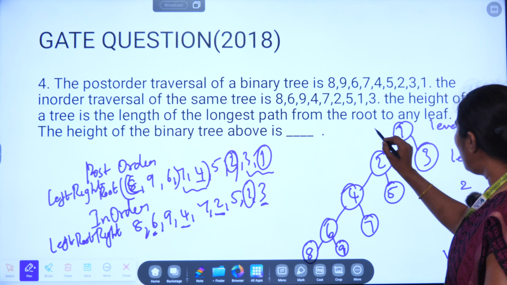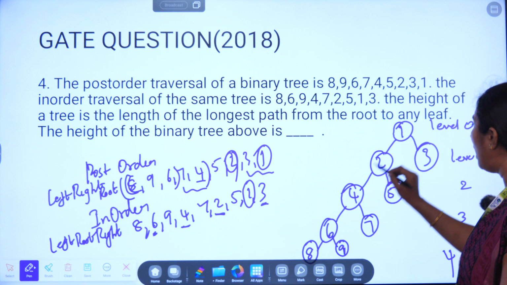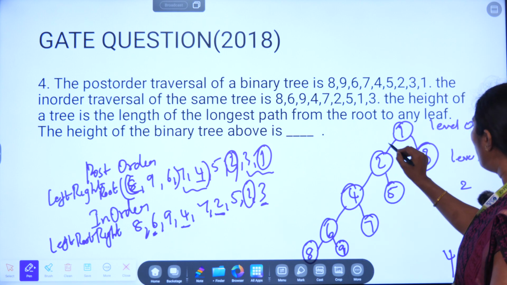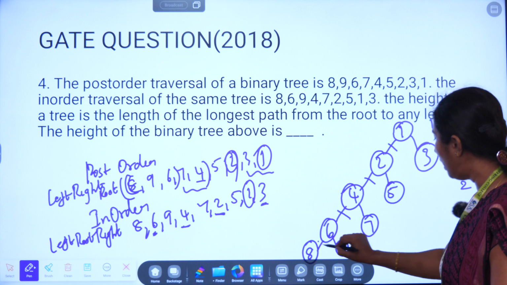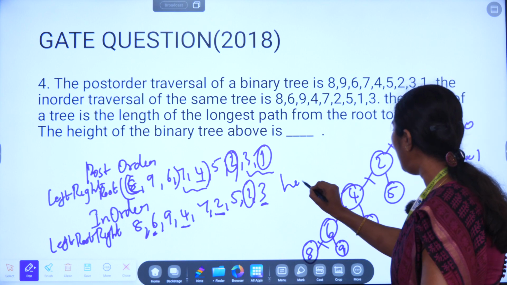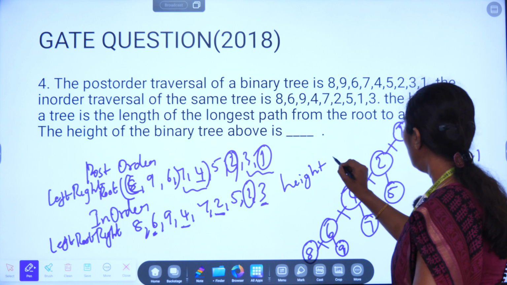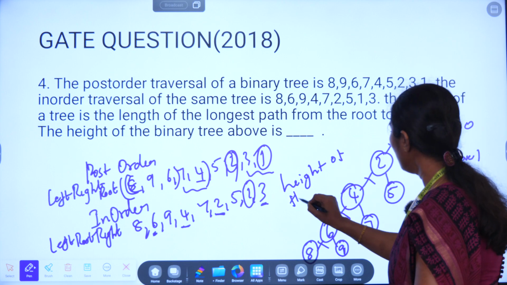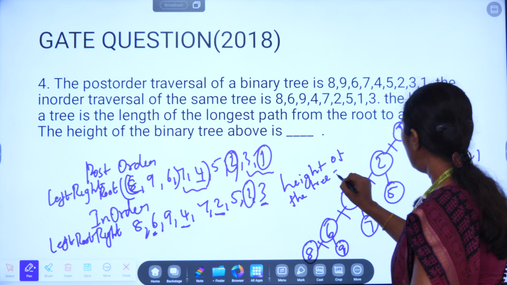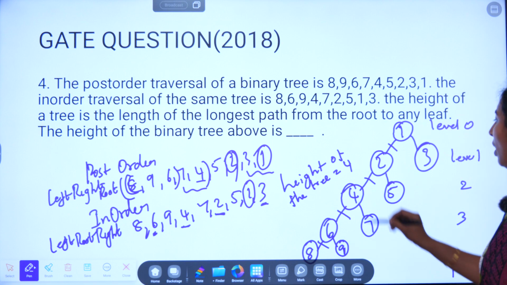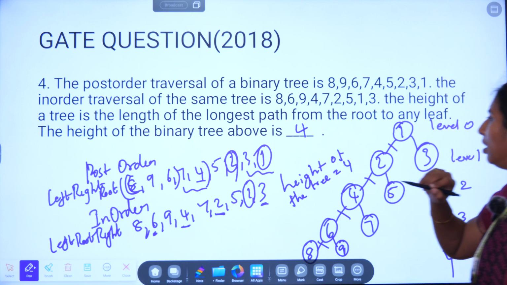So here the height we can have is 1, 2, 3 and 4. So the height of this particular tree is 4. So the answer for this question is 4.